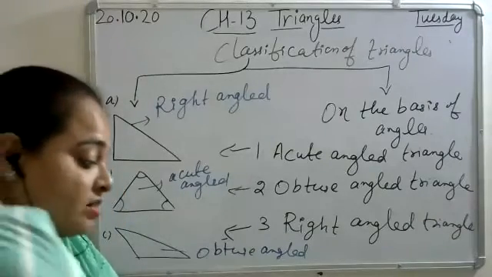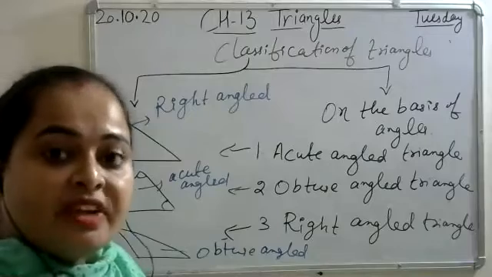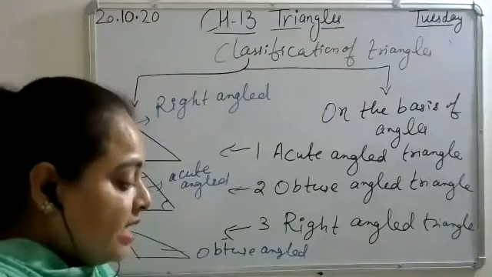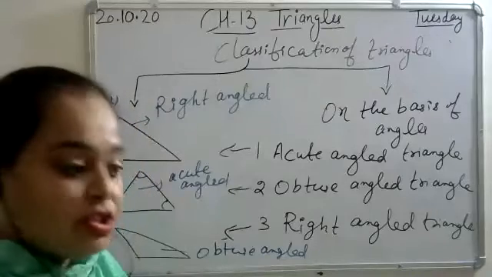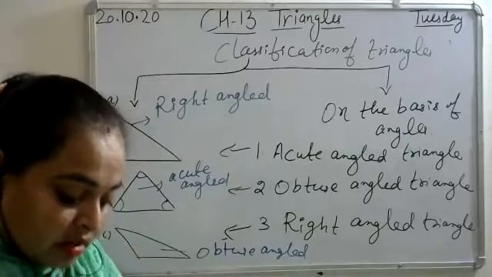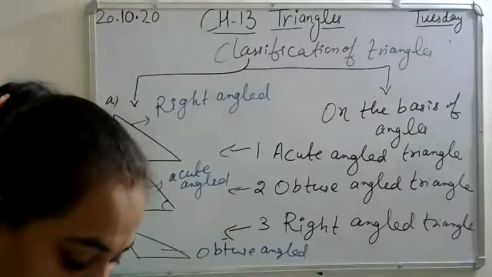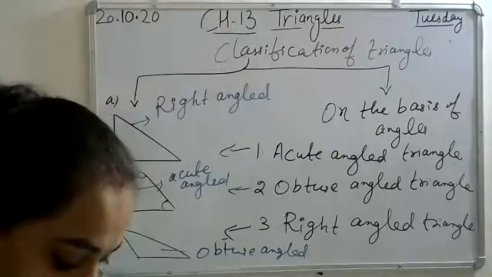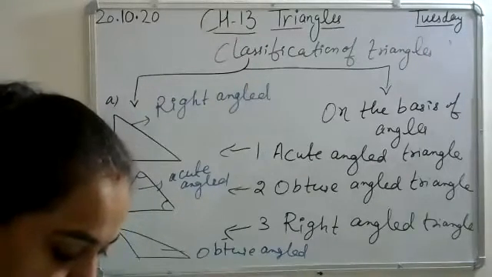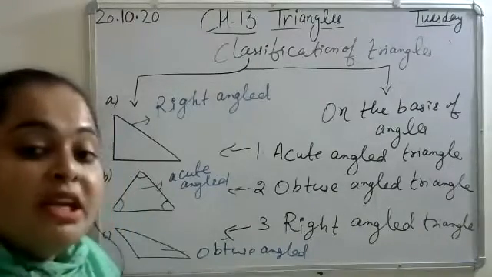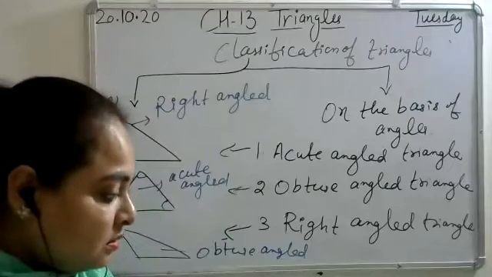Okay? So one more time. Write down in the chat box. Scalene is a triangle in which we have what? Very good, Harshika. Different sides. What is the meaning of isosceles triangle?